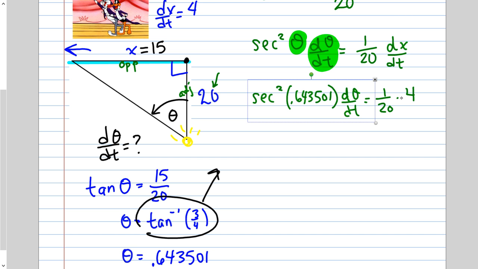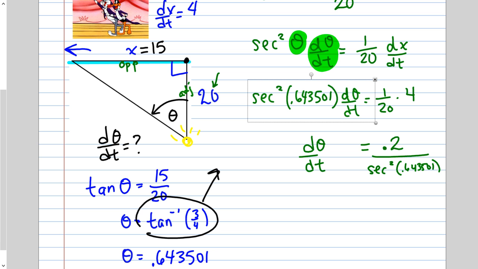Now, 1/20th times 4 is 4 over 20, which is basically a fifth, or 0.2. And then we're going to divide the secant squared times all of that over to this side. So d theta dt equals 0.2 over secant squared 0.6435501.